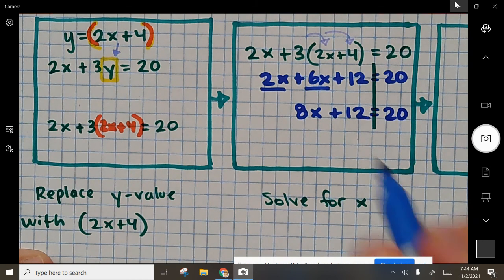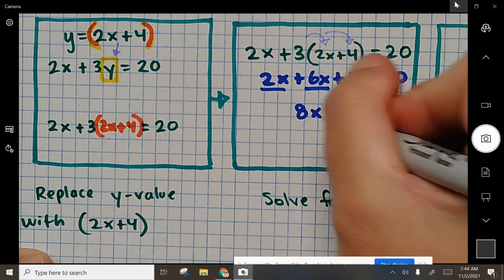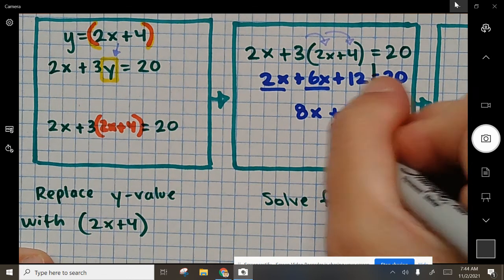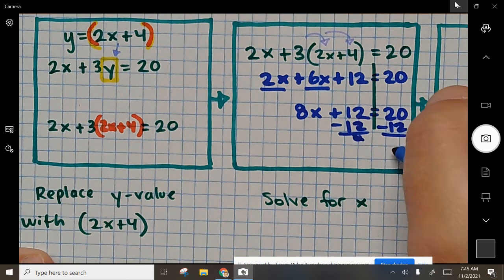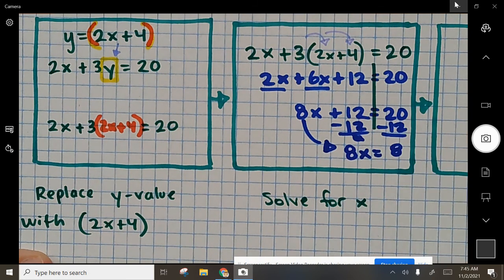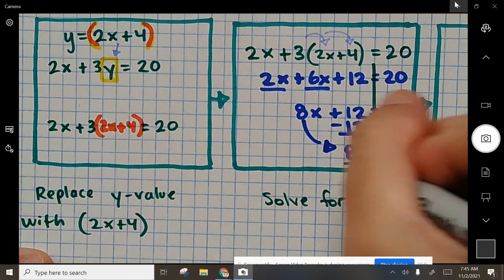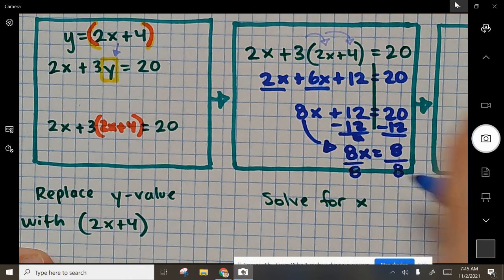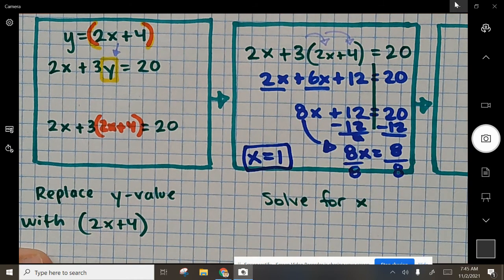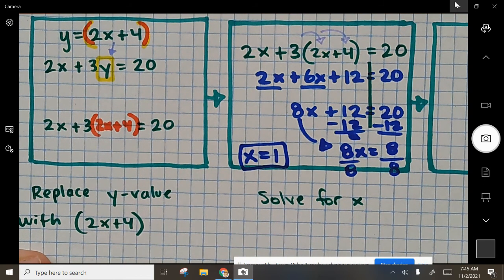Then we're going to go ahead and move our constants to the right. So that's going to cancel out. We're going to get 8. 8x equals 8. Hopefully you can fit this in your box pretty easily. x equals 1.